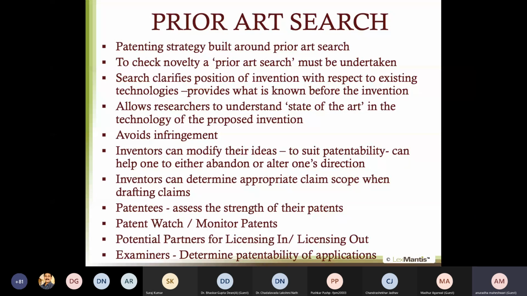So we come to know what that line of technology is and what the close inventions are. Is there language anywhere which says that I may be infringing someone's patent? So we look for that. And then we say, no, we will change the language of our patent so that we steer clear of any infringement. The person who wants to patent can basically assess the strength of his invention. So to understand how good or bad your invention is, we need to do a prior art search to find out the strength of your technology.